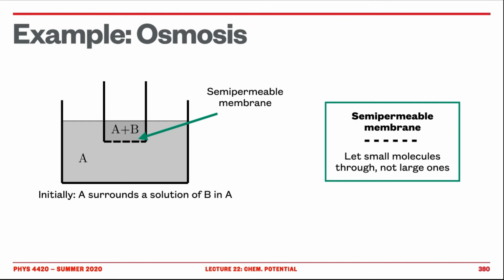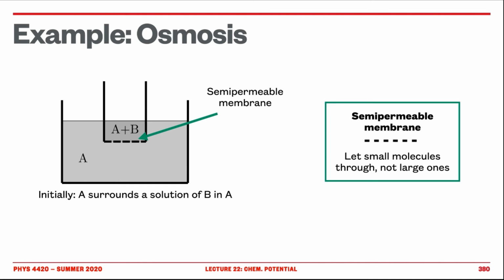Before we go into any math, let's try to understand a little bit what we expect to happen. We know that any system is going to move towards the maximum entropy. Maximum entropy is a system that has the largest number of microstates.